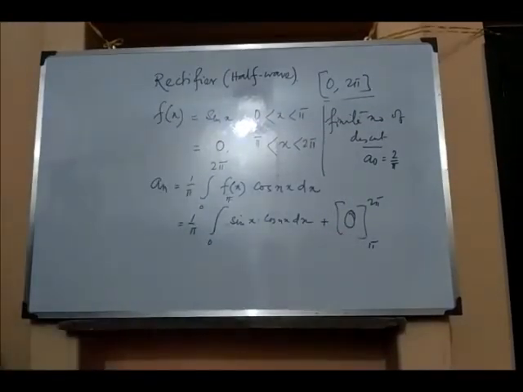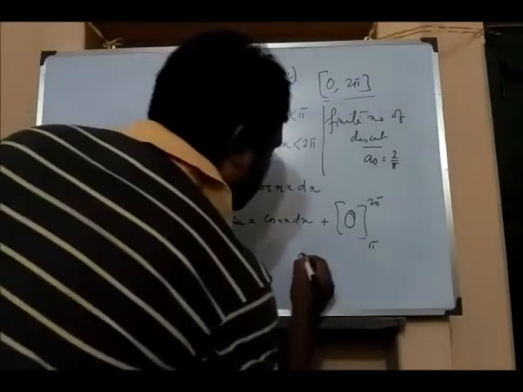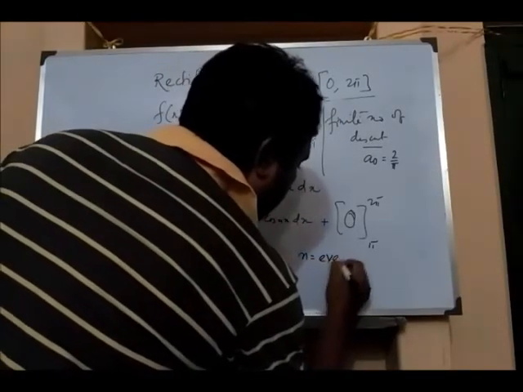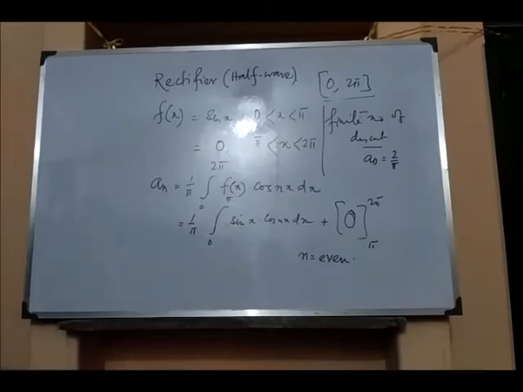Now, if you integrate this part, what will you get? You will get that when n is even, then this sin x times cos nx, I can expand in terms of a sine series.